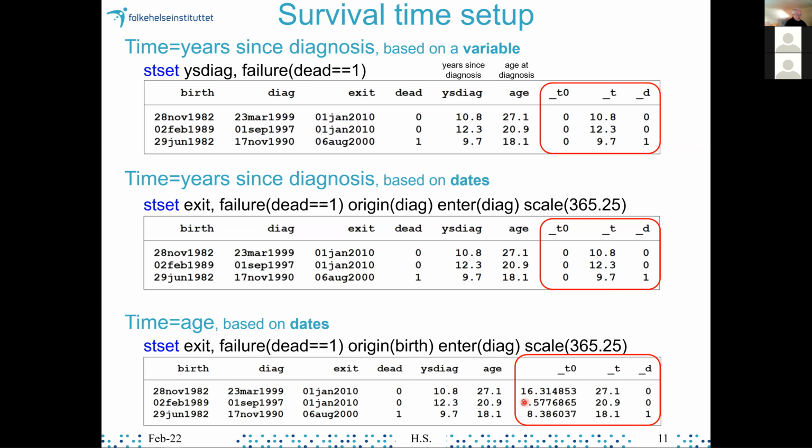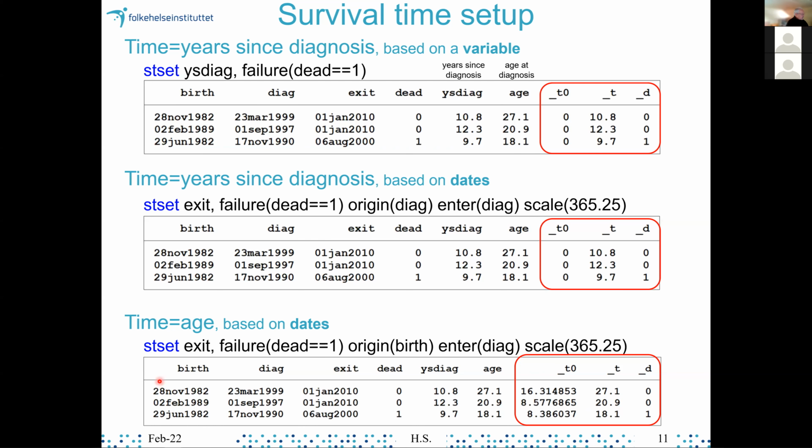This person will be 8.5 years once he gets on the risk, gets his diagnosis, and 21 years when he leaves, and so on. So playing around with these different parameters gives you different ways of setting up the analysis.